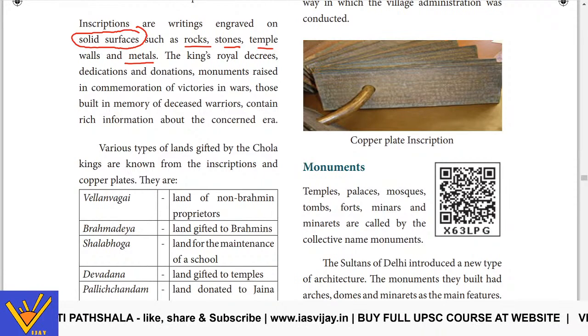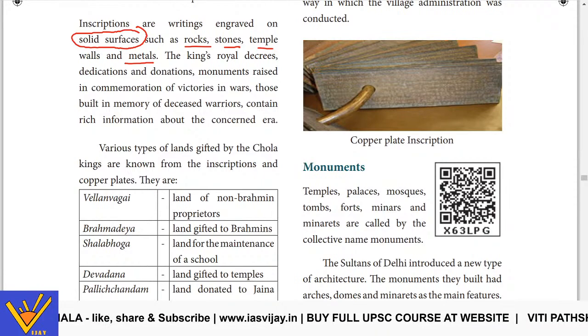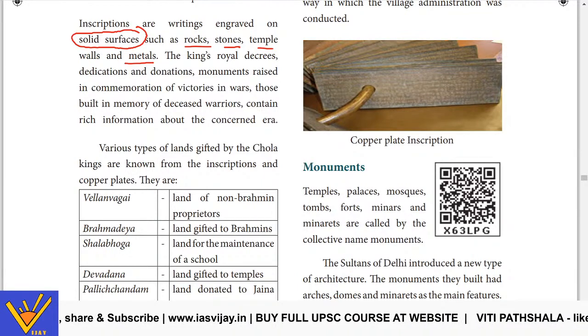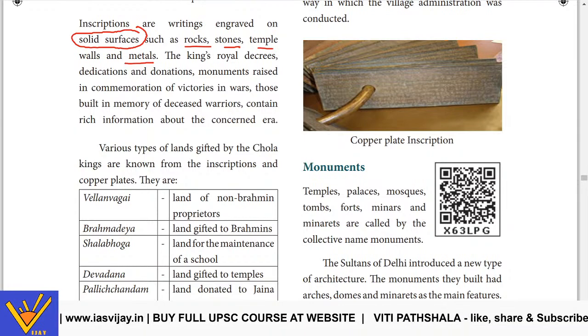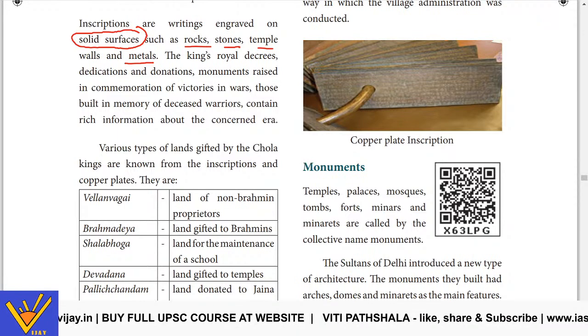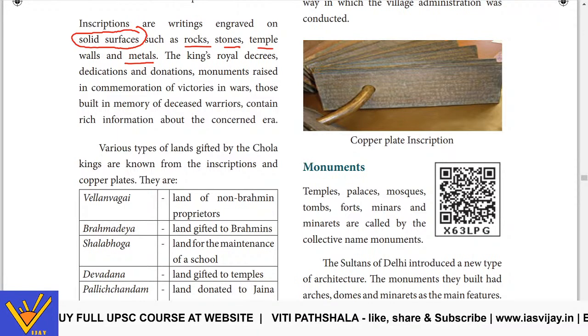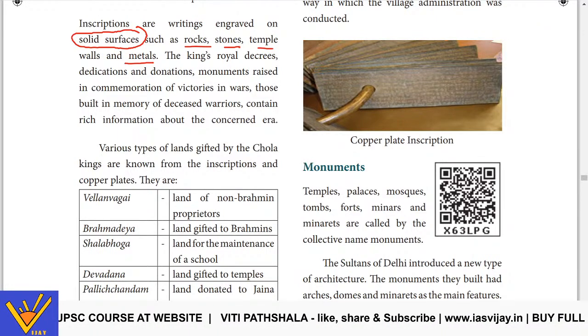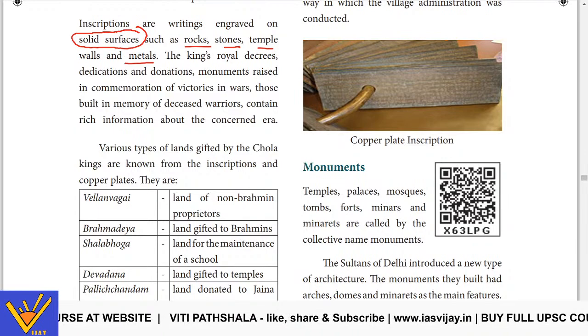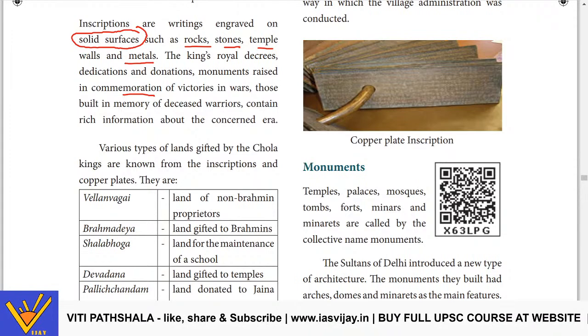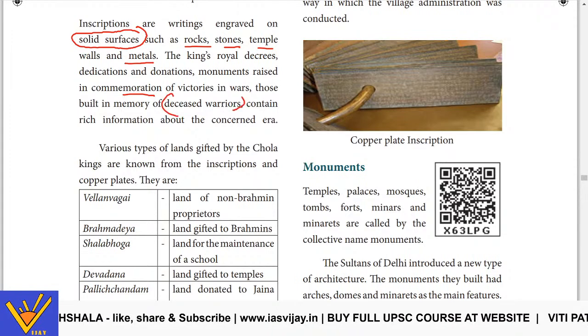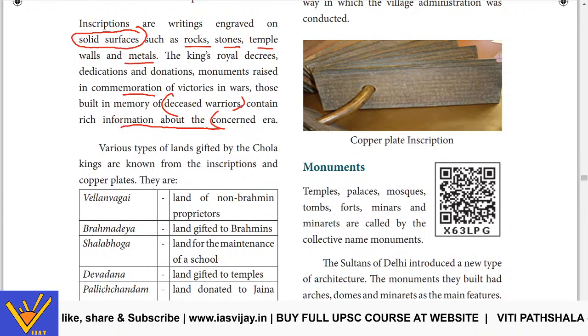You can find an inscription on the front of your home, as the nameplate of your home is made up of an inscription. The king's royal decrees, dedications and donations, monuments raised in commemoration of victories in war and those built in memory of deceased warriors contain rich information about the concerned era.